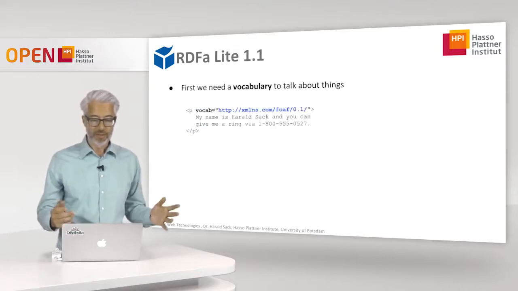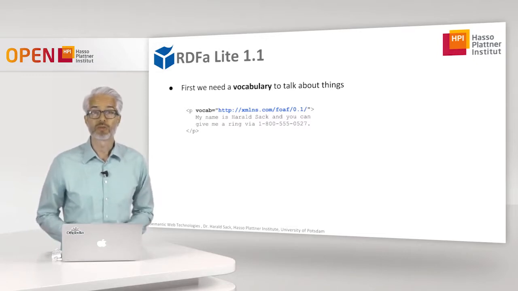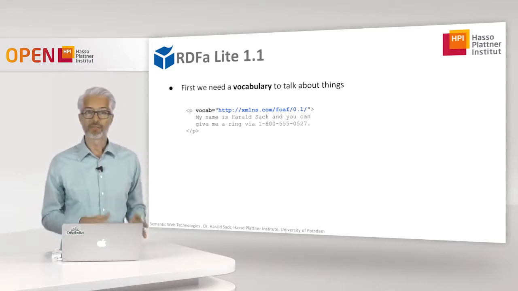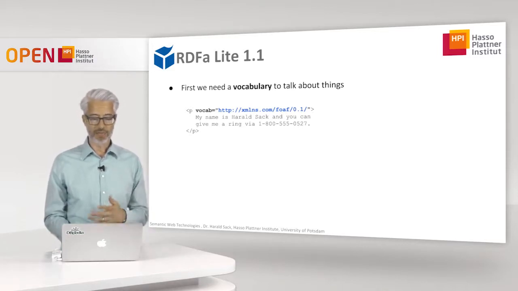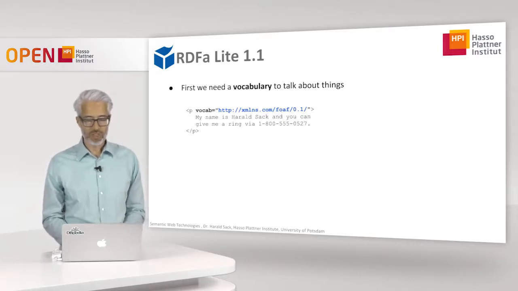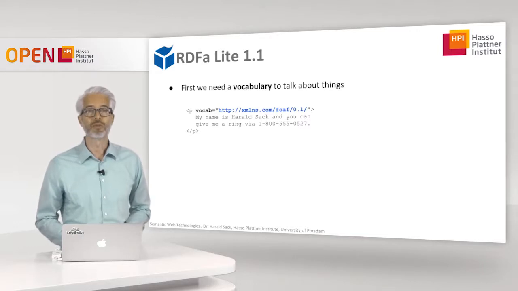Okay, so we start with a small example. Here, for example, I want to create a small web page where I somehow include my name and my phone number. So first, I have to specify which kind of vocabulary I use.